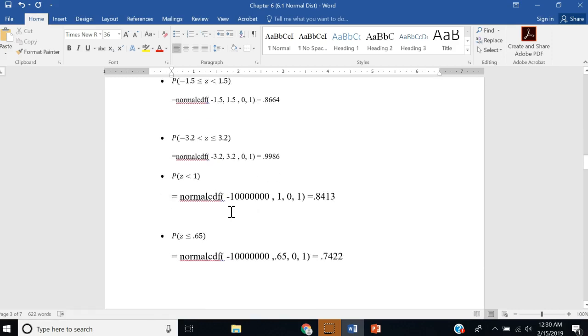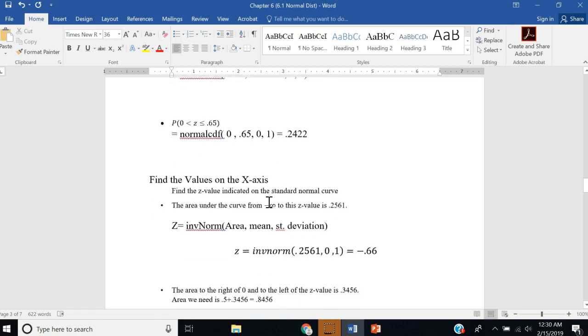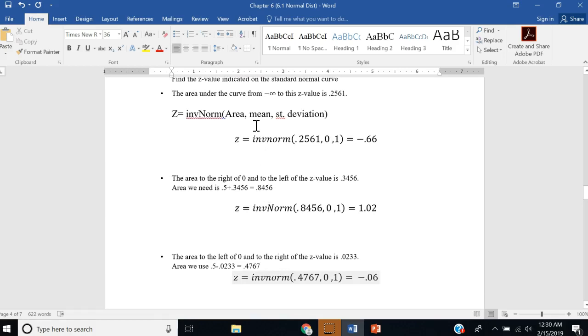Finding the area underneath the curve, which is finding probability, we use normal CDF to do that. And then finding values on the x-axis, here using z values, we used inverse norm to do that, both in that distribution menu. So we'll pick back up with the normal distribution in the next video.